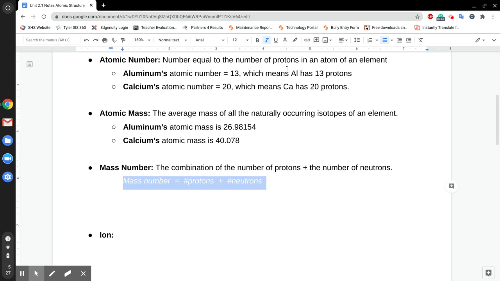It's not that I had kids confuse mass number with atomic number. They just forgot about it. So do not forget about mass number. Because again, this all ties into how we represent particular isotopes, particular elements, using a complete chemical symbol, which we'll practice at the end here, and that you'll practice after these notes.